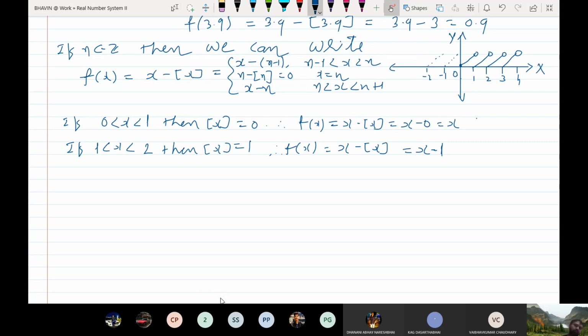Clear? Now, if your x is a non-integer, then the graph is a straight line, or you can draw the graph of the function without lifting a pen or chalk. So therefore, if x does not belong to Z, then clearly f is continuous at x.